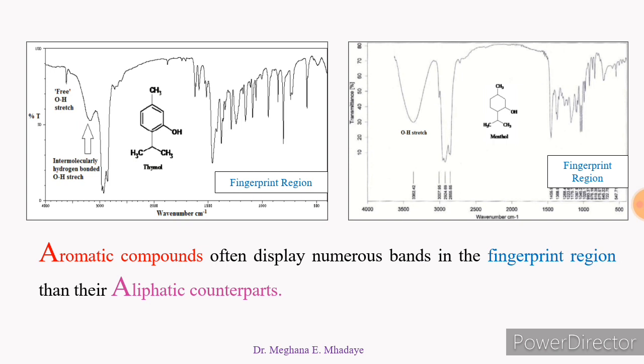You will see that both contain the same functional group, that is OH, and other groups are also the same, but the major difference is that thymol contains an aromatic ring and menthol contains a cyclohexane ring. So another point mentioned here is that aromatic compounds often display more numerous bands in the fingerprint region than their aliphatic counterparts.